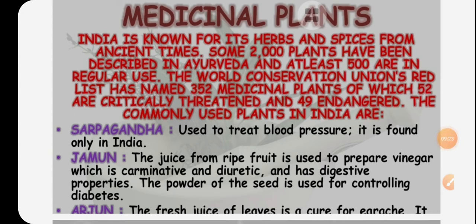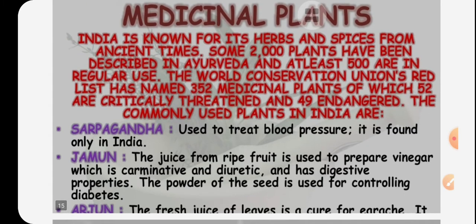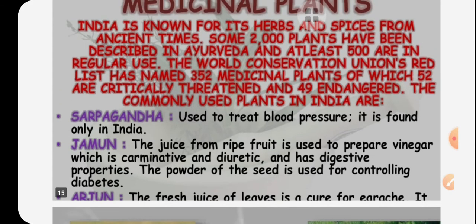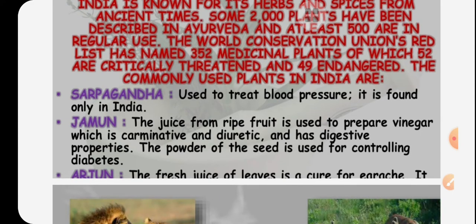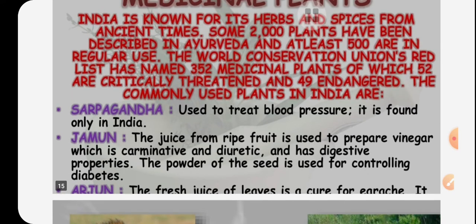These are some medicinal plants we get in our India, and they are very important, like sarpagandha, jamun, arjun, babool, neem and tulsi and kachnar. They are very important for the cure of some diseases like blood pressure and some diseases which are incurable. So when we use all these plants, we get relief.